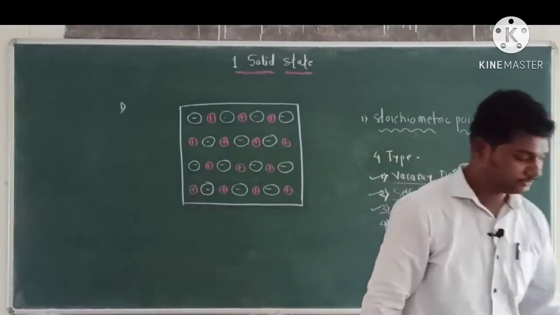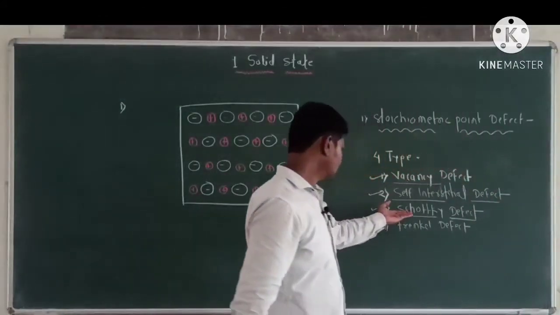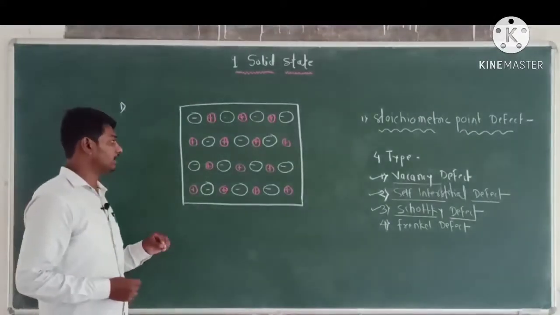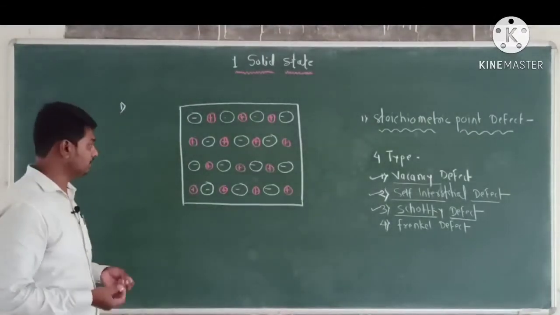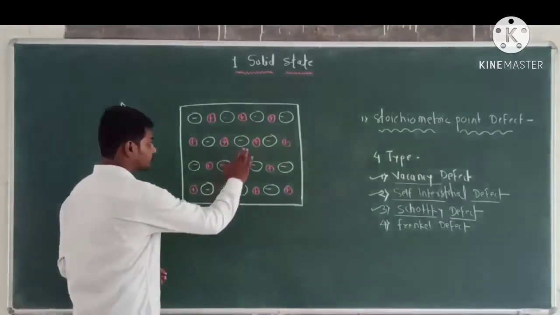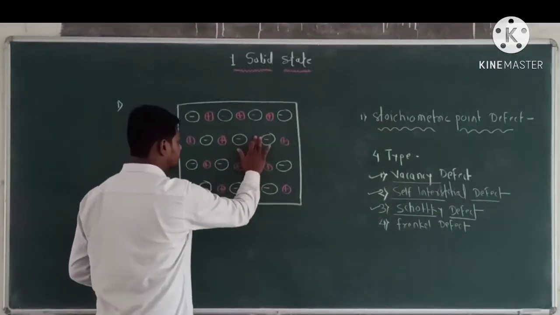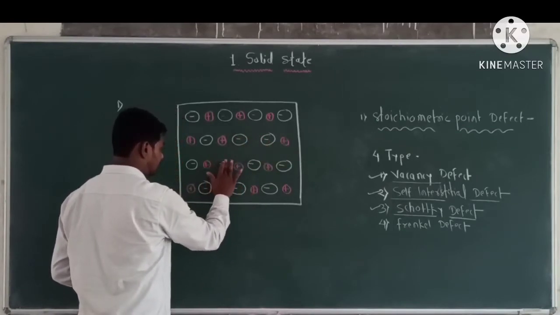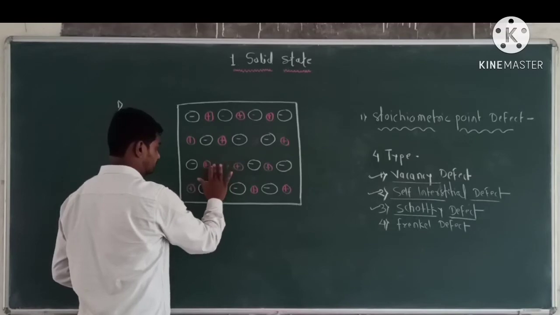Now in this defect, that is Schottky defect, an equal number of cations and anions are absent in the lattice points of the ionic solid. This is the cation, these cations are absent, this is the anion, these anions are absent.